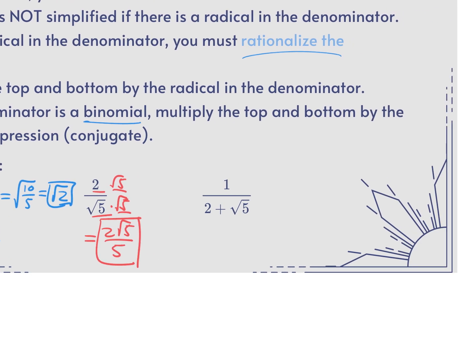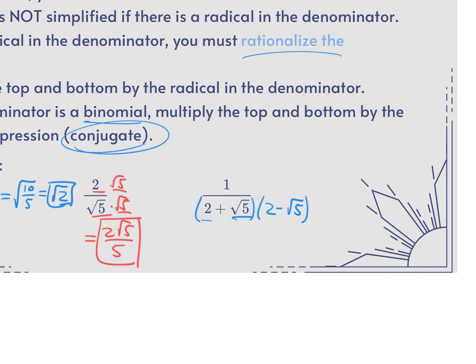Now, if I have something like this, 1 over 2 plus square root of 5, if I try just multiplying by the square root of 5, you're still going to end up with a radical in front of this 2. So what you do is you multiply by the conjugate. Now, the conjugate is the exact same terms, it just has the opposite sign.